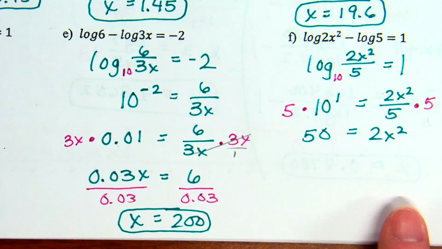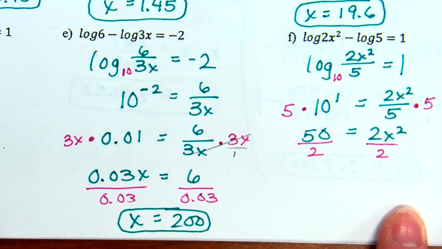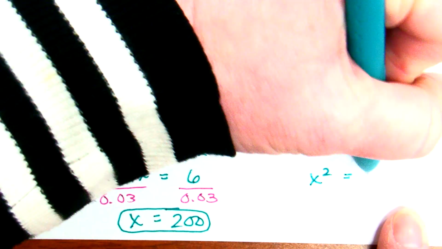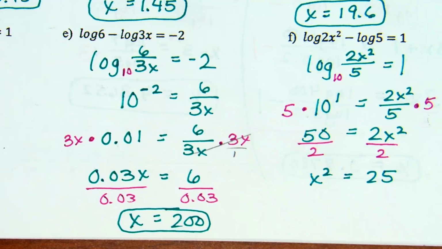If it's 2 times x squared, we want to divide by 2. Now what am I at? Okay, 25 equals x squared. I'm going to go ahead and reverse it and say x squared equals 25. Okay, digging those brains.